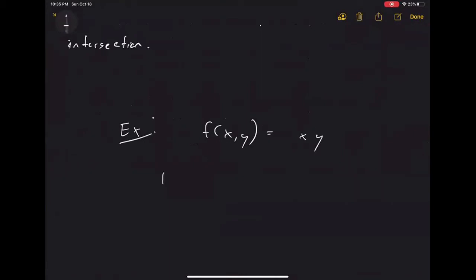Let's do xy, and let's do it on the domain enclosed by y equals negative x squared plus 4 and y equals 0.